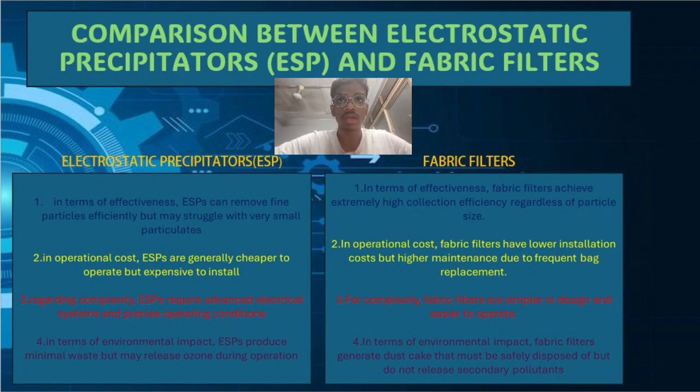Finally, in terms of environmental impact, ESPs produce minimal waste but may release ozone during operation, while fabric filters generate dust cake that must be safely disposed of but do not release secondary pollutants. These differences show that both methods have strengths and limitations depending on the plant's needs.